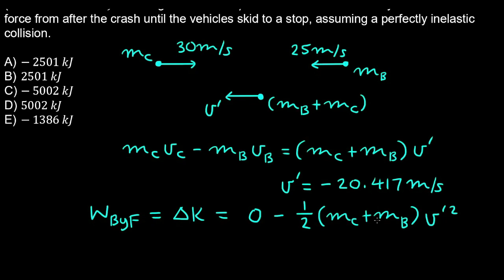So if you make those substitutions, we get the work done by the friction force, which is minus 2501 times 10 to the 3 joules, or 2501 kilojoules. So the correct answer is A.